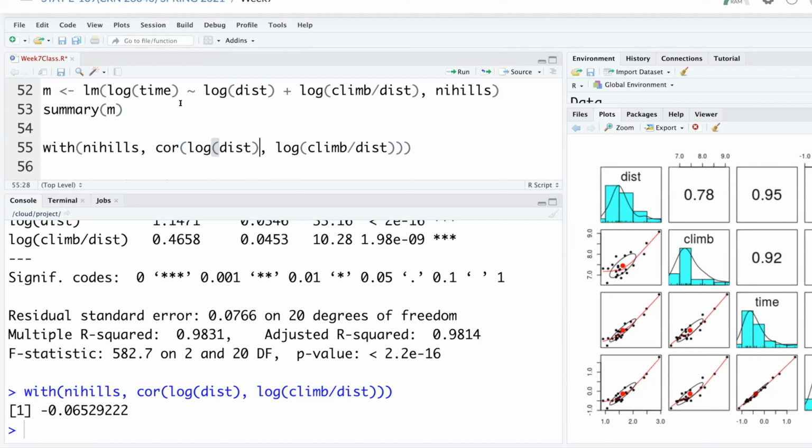When we ran this model modifying climb to climb divided by distance, the correlation between those two variables is very low. It has come down close to zero.